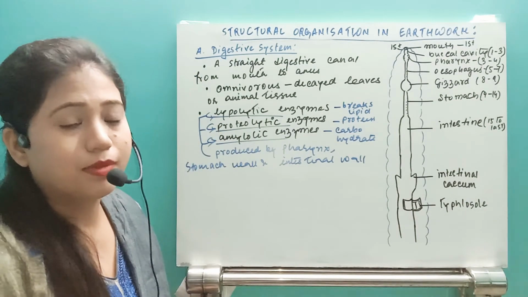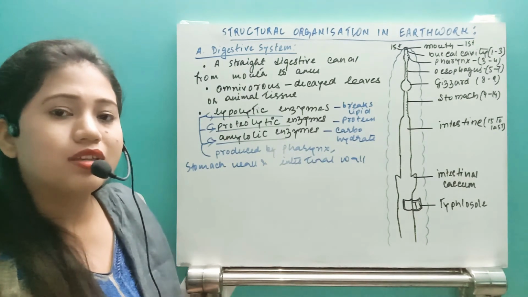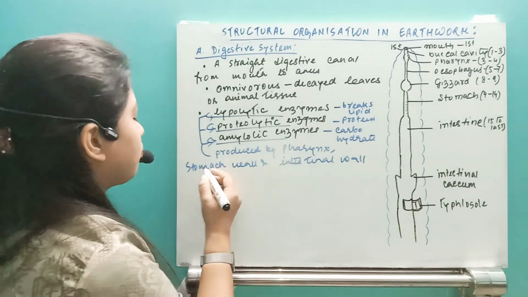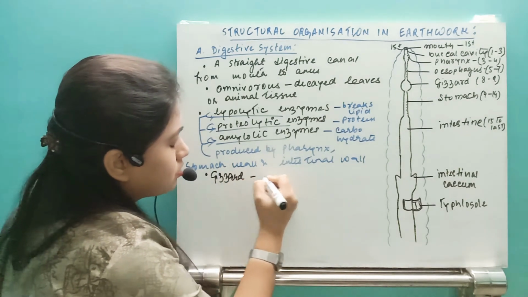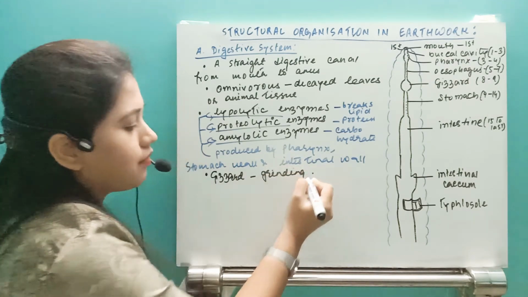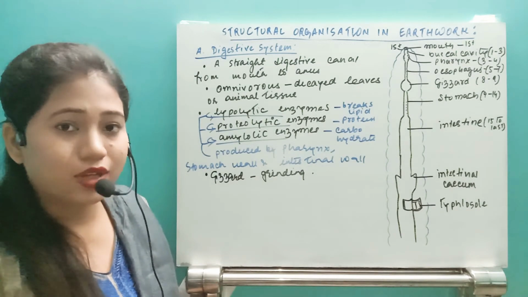Now you have to remember the function of the gizzard. The gizzard is a structure which helps in grinding the food. Remember, this point is important. Already I have told you that in aves, the birds don't have teeth.